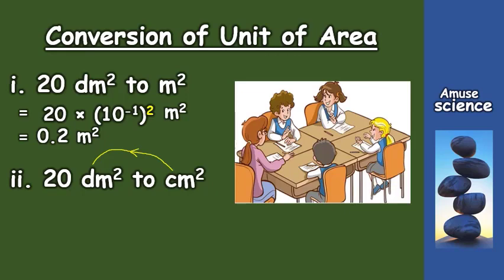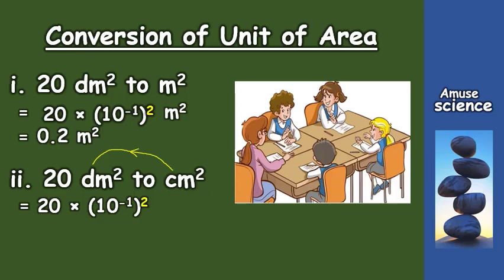So how do we remove the deci? You remove the deci by replacing or substituting it with its original value. So you are going to get 20 times 10 exponent minus 1. Then we square it because we are dealing with area.